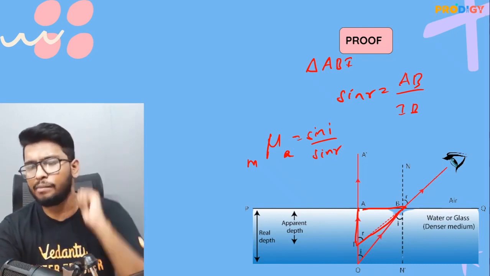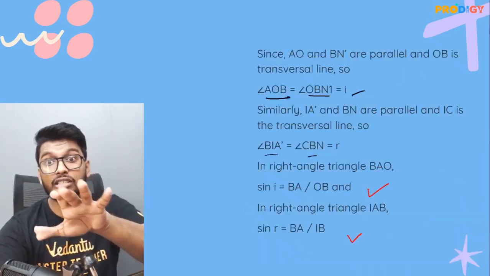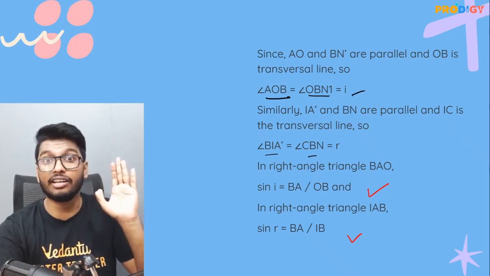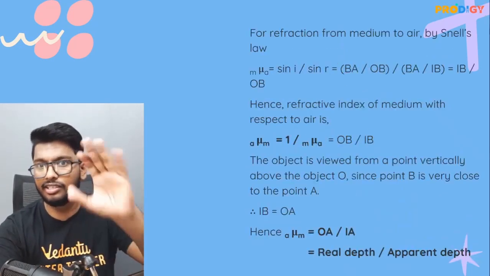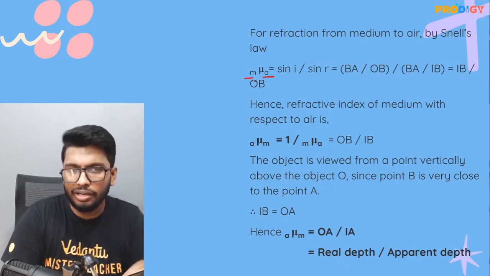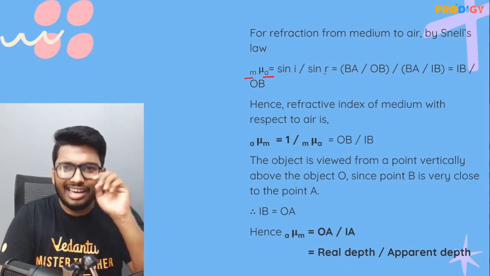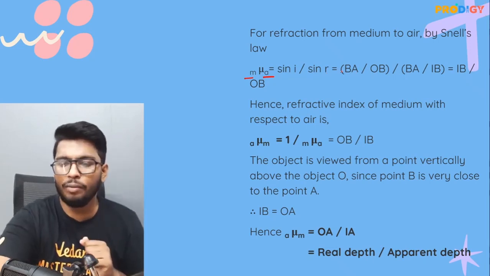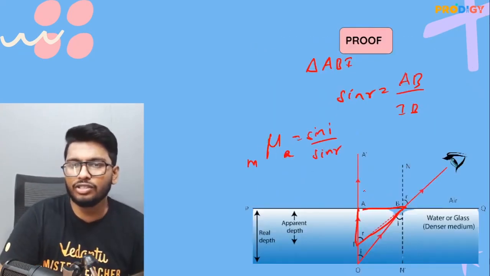Now I'm going to substitute the values for sin I and sin R. Sin I, we know, is BA by OB, which we already saw, and which I unfortunately erased.